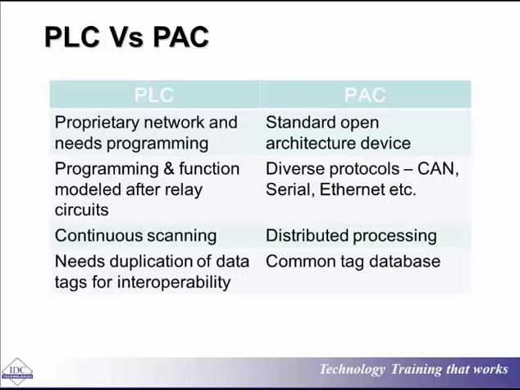One of the fundamental ways that the differences are also being distinguished, almost arbitrarily, is the way that the system handles its inputs and outputs. The PLCs tend to be hardware addressed.